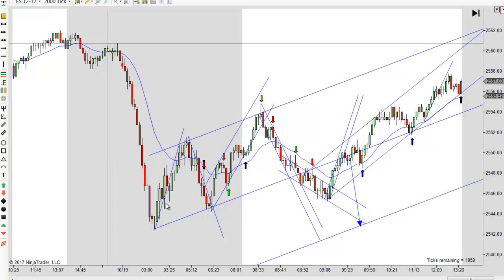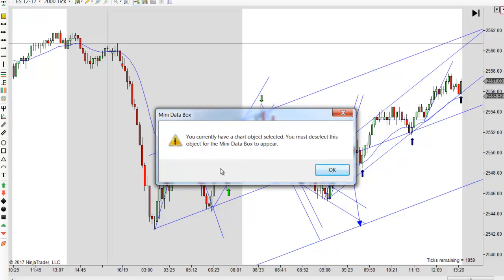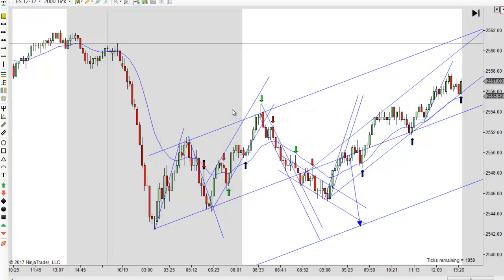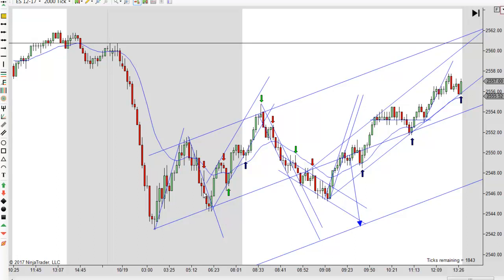But the problem I have with it is it's right into these last couple of swings here. And by the time you enter, it's such a big bar. Let me see how many ticks that is. That's the, I don't know what that is. But that's the other thing is you have to consider how many ticks there are there.